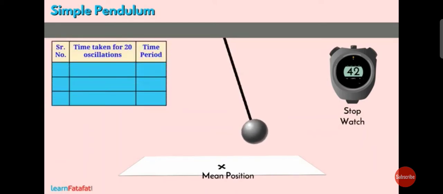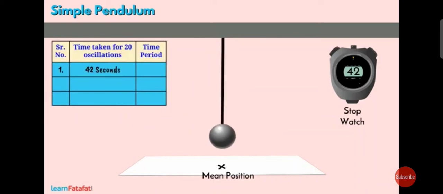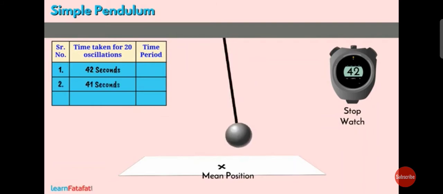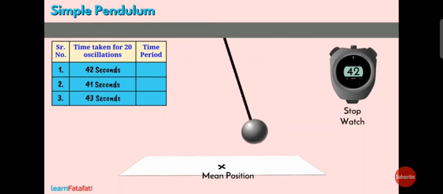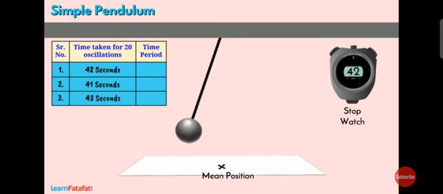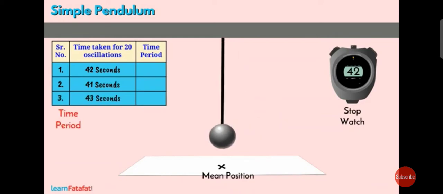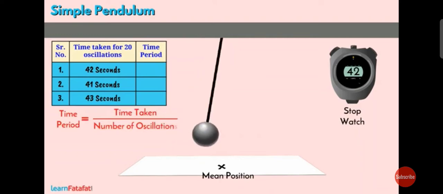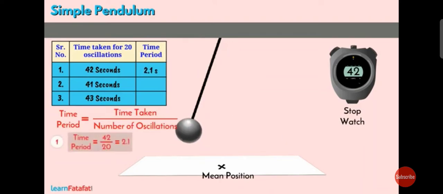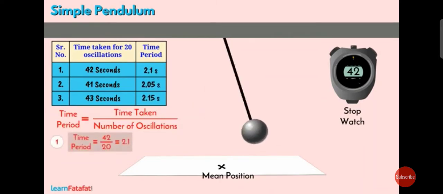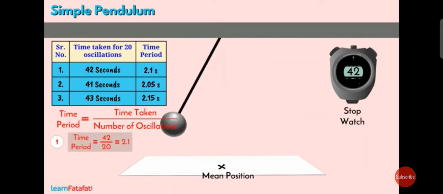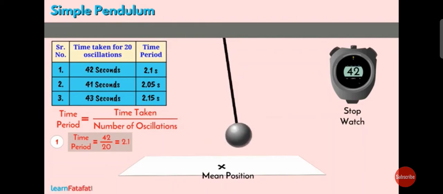Make a table and enter the time taken to complete 20 oscillations. Take a few readings performing similar activity and note down all the readings. For each reading, calculate the time period of the pendulum by dividing time by the number of oscillations, that is 20. Is the time period nearly the same in all cases? Yes, you will find that the time period is the same in all the cases.